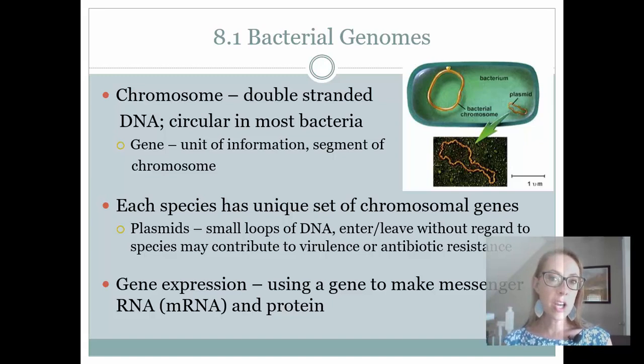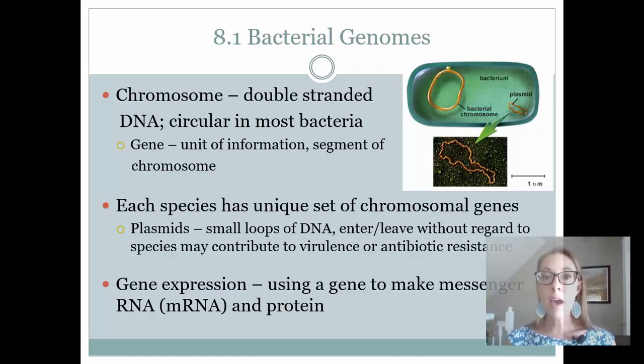The term genome is a broad term that relates to all of the DNA within a cell. We are focused on prokaryotic bacterial cells. Up till now, we have really focused primarily on bacterial chromosomes.